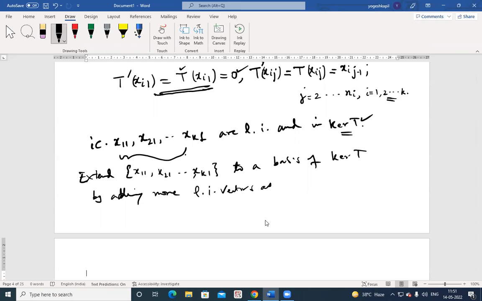Here I take x11, x21, and so on, xk1, and then I add y1, y2, and this way yq elements, which completes the basis of kernel T.